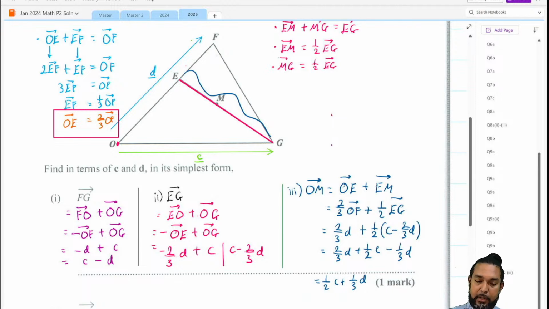I'll leave it there for a couple of seconds if anybody's copying it now. But we're going to jump back to question 8, the last piece of question 8.